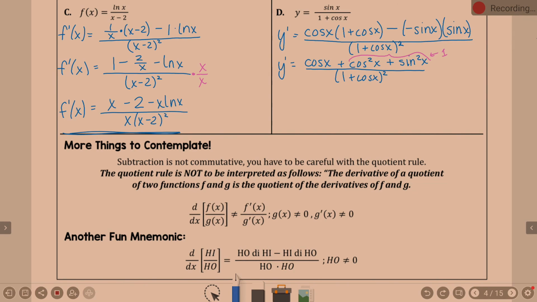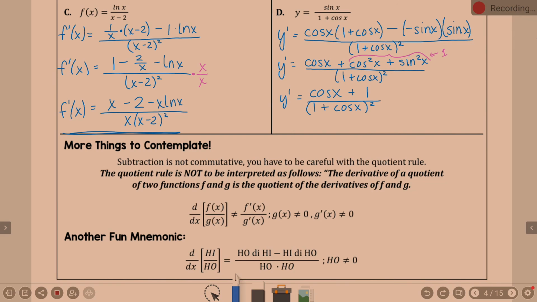Okay, guys, Pythagorean identity. So I can rewrite this as cosine x plus 1 over 1 plus cosine x quantity squared. What if I say I'm not done again? The numerator is cosine x plus 1.